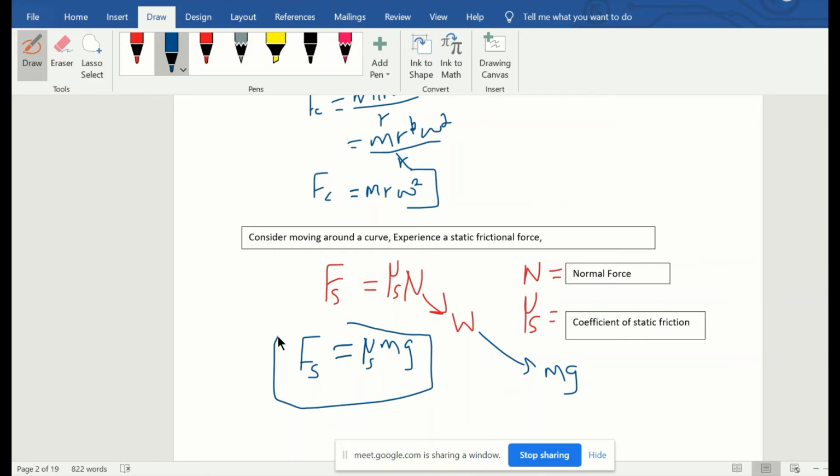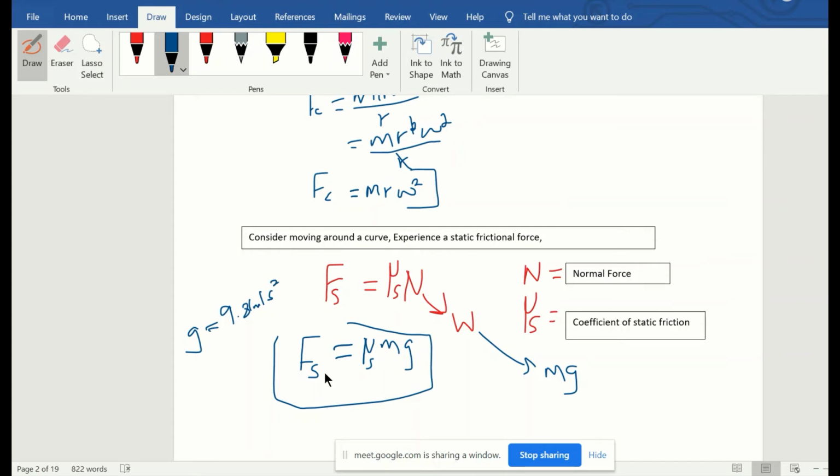So here is another equation that we can use to solve for centripetal force. Please remember that G is acceleration due to gravity, and G is equal to 9.81 meters per second squared.